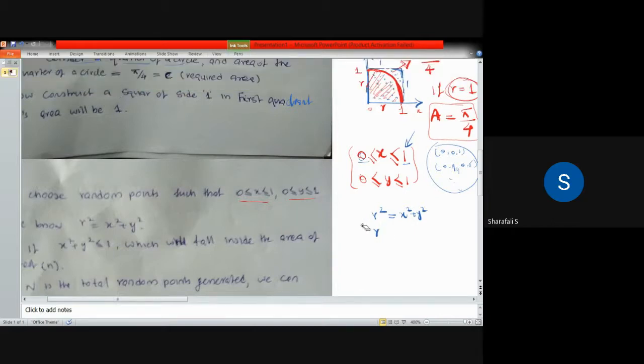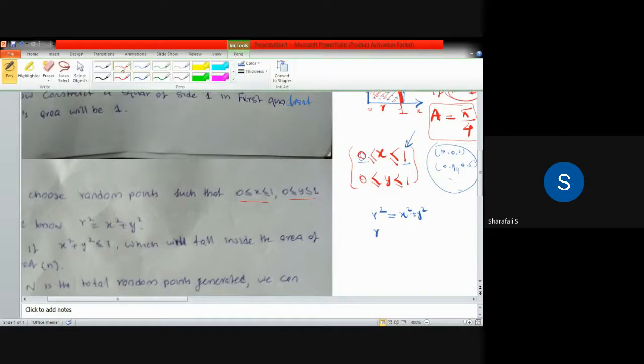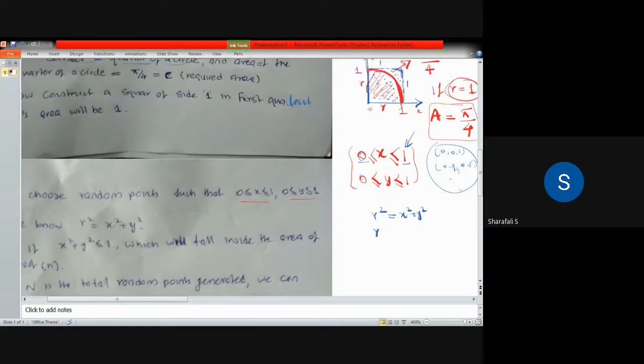So this is the condition for a circle. If you consider r equal to 1, we already know r equal to 1, so this is 1 equal to x square plus y square. This is the equation for the circle when you have radius equal to 1.